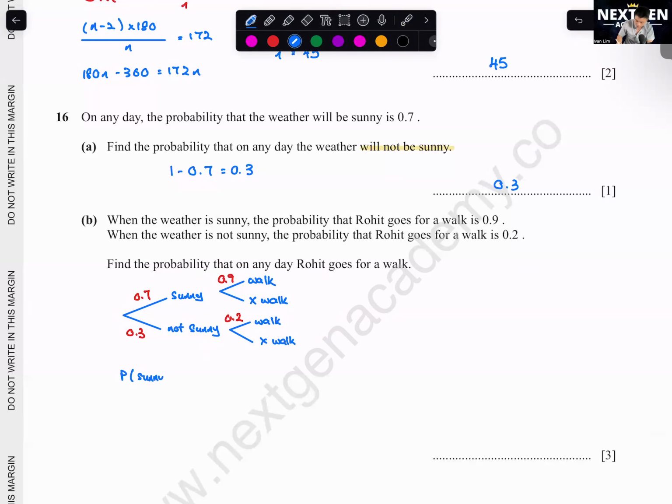Probability sunny and walk, then probability not sunny and walk. You don't have to write these. The only thing that you normally have to write is this one. 0.7 times 0.9 plus 0.3 times 0.2. That's all. 0.63 plus 0.06. Okay, the final answer will be 0.69.